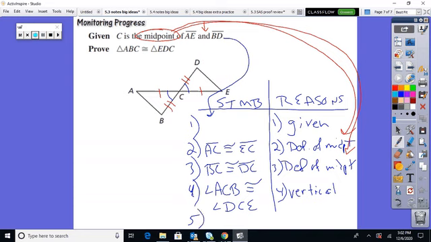And now you have enough to say triangle ABC congruent to triangle EDC by SAS. So this section is devoted entirely to SAS. You will learn some more shortcuts next week, but for right now, we're just getting sassy, my friends.